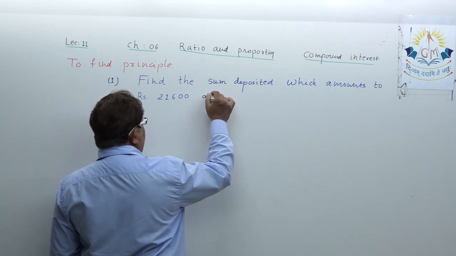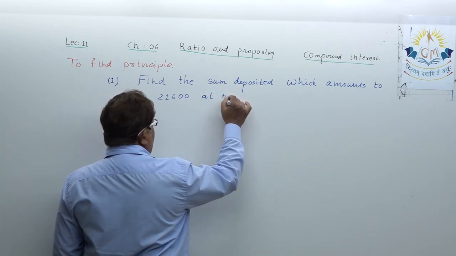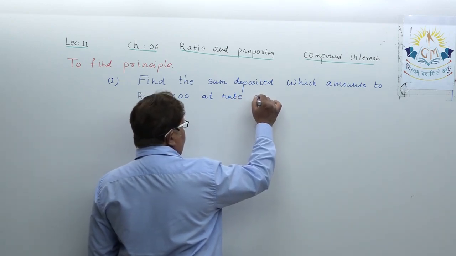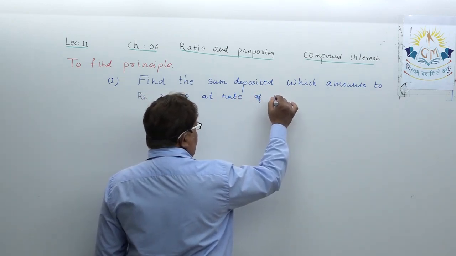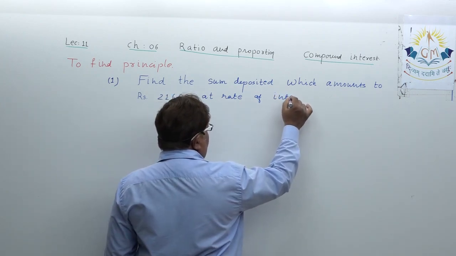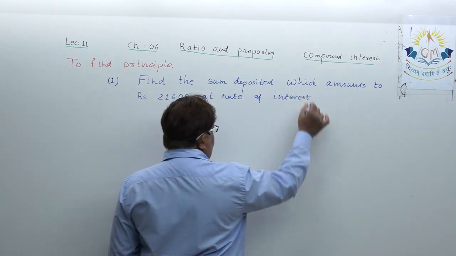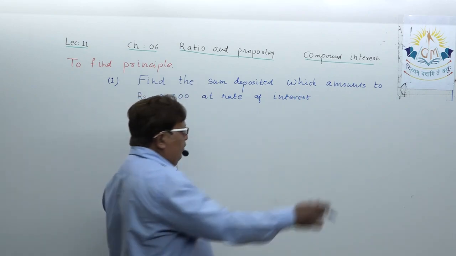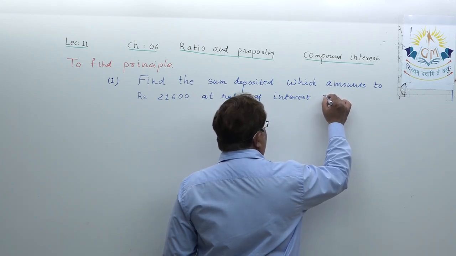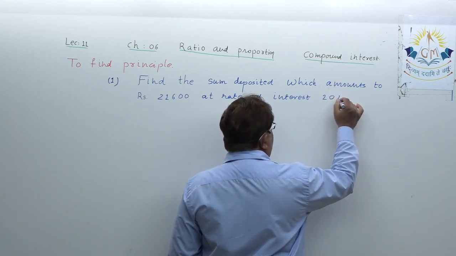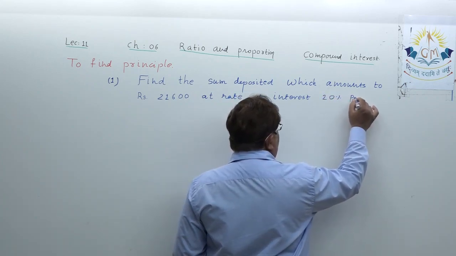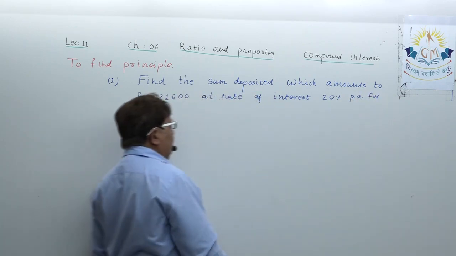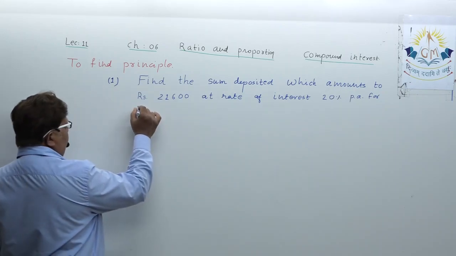At rate of interest, what is given? Rate of interest 20% per annum for, okay, for 3 years.